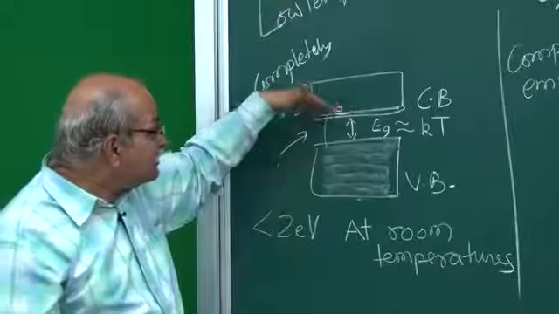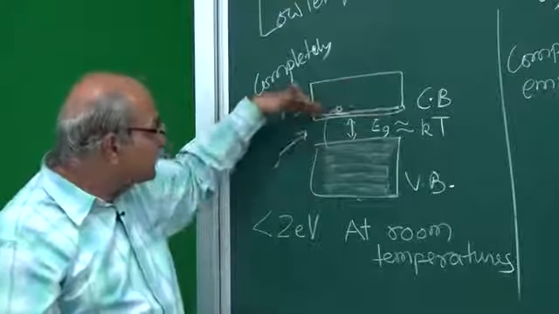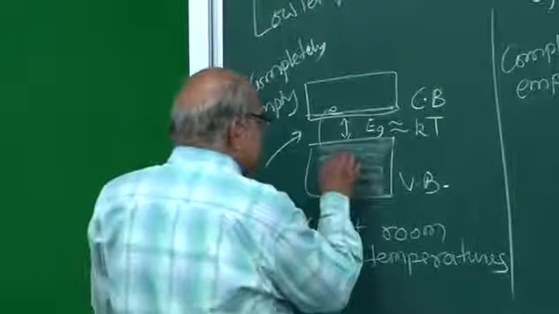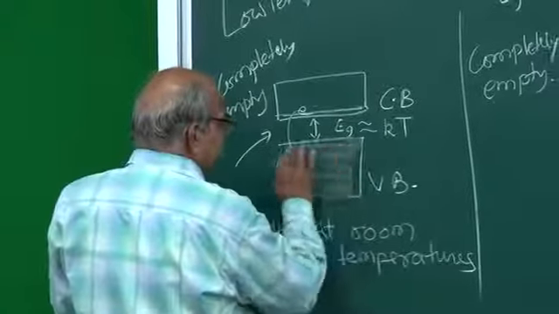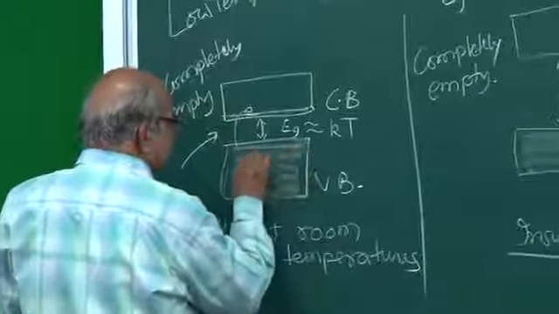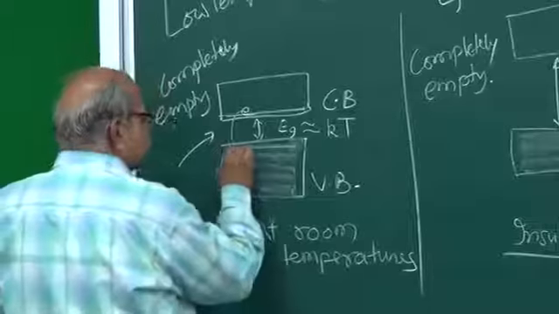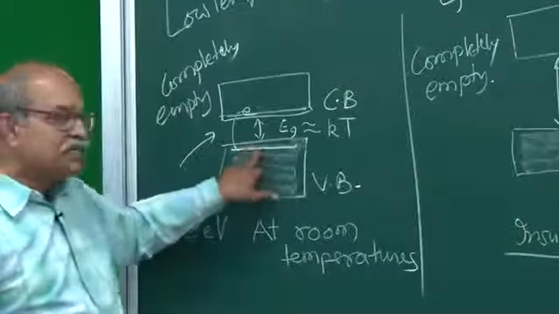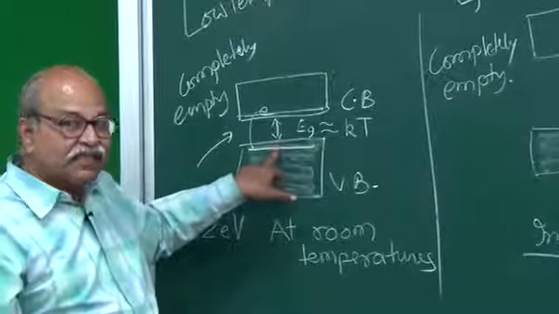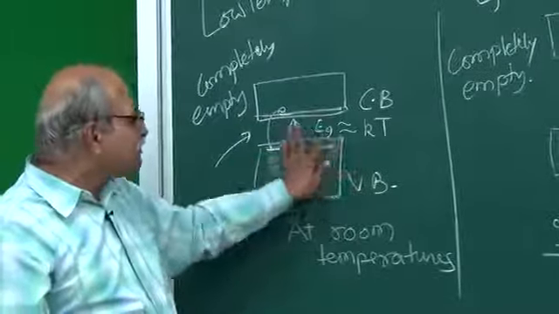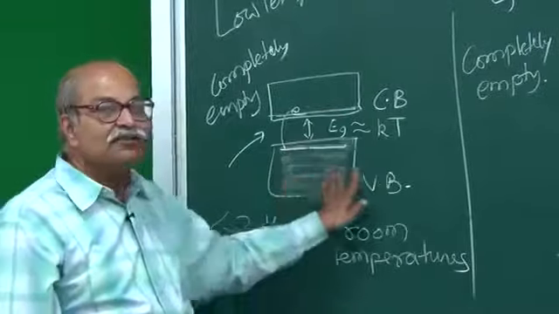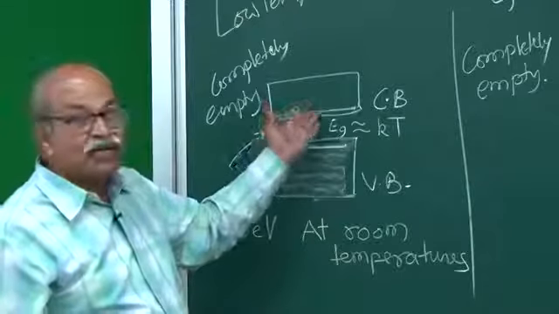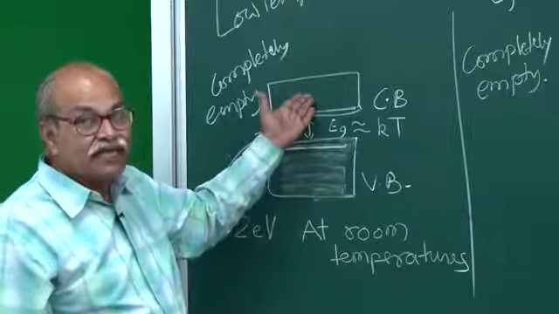So if the electrons are here and then some empty states are created, some quantum states from which the electrons have gone, this quantum state becomes empty. And if this becomes empty, then some movement of electrons of this energy is also now possible under an electric field. If you apply an electric field, of course this can accept energy and go to a higher energy quantum state.